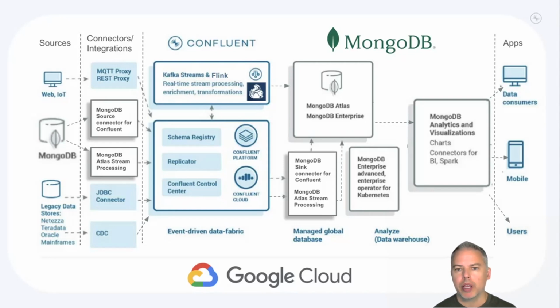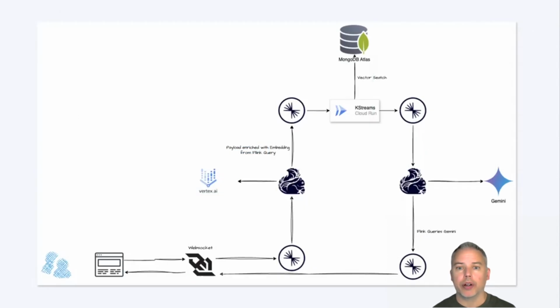And then that enriched payload is routed and stored into MongoDB for vector search. And we send that to Vertex AI for summarization or Gemini for generation. And this is the full stack. It's an operational database, it's event streaming, it's large language model processing, and vector recall, all deployed on Google Cloud Platform.